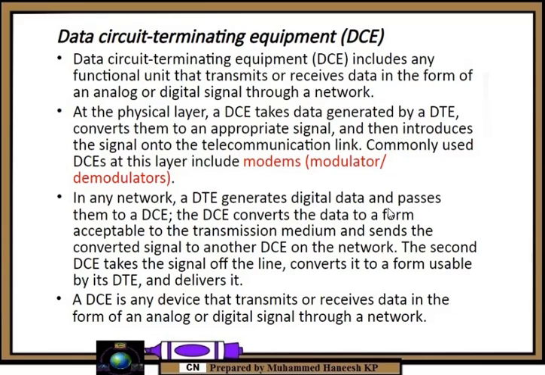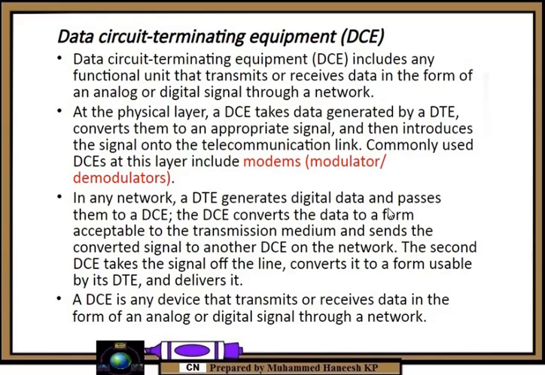Now, before explaining the EIA 232 interface, we need to understand the key difference between DTE and DCE. DTE is a device that acts as an information source or an information sink for binary digital data. In contrast, DCE is a device used as an interface for a DTE. It also transmits or receives data in the form of digital or analog signals in a network.